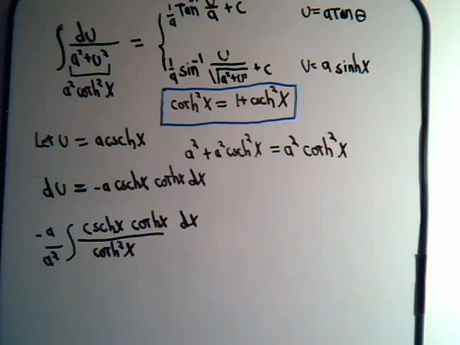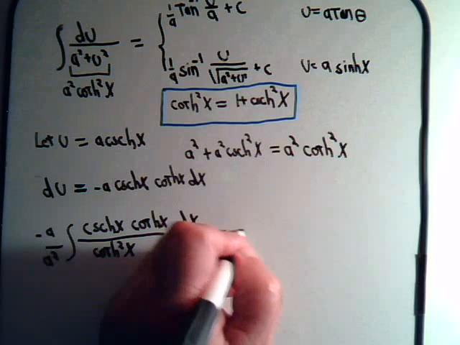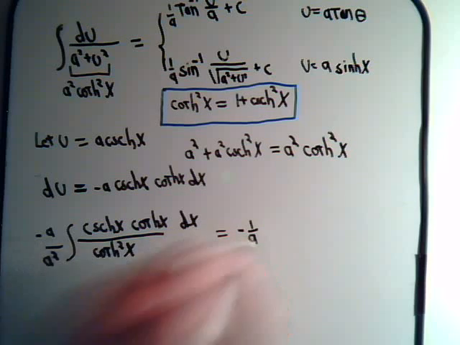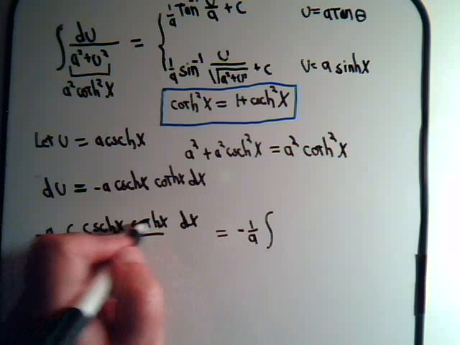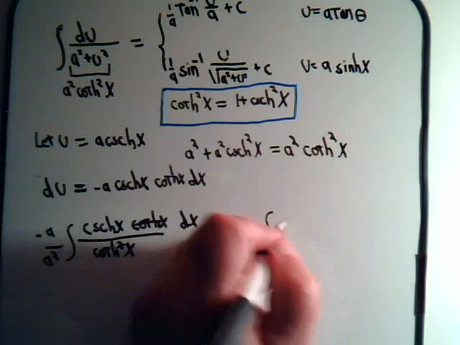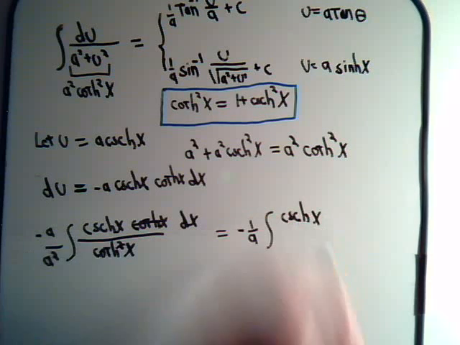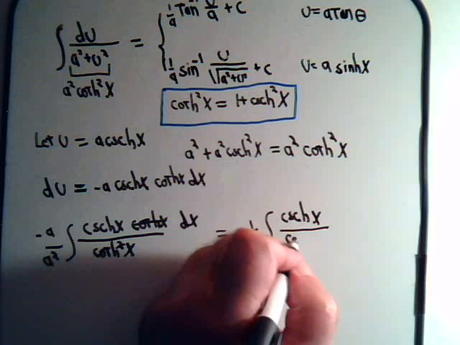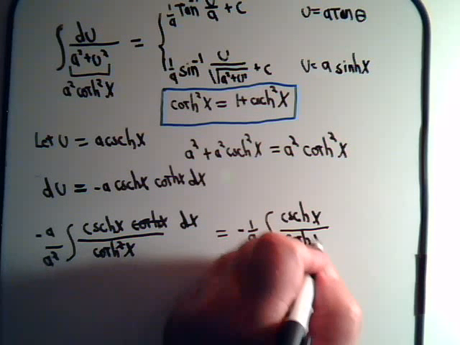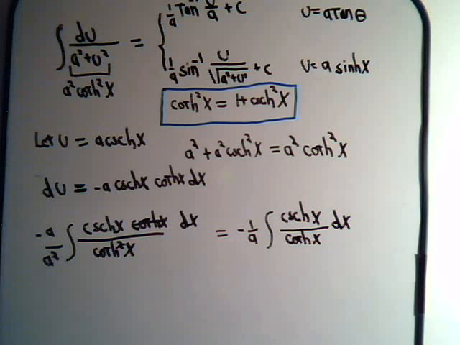So let's see what this leaves us with. This will equal minus 1 over a, the integral of, these will cancel away, and I'm going to have the hyperbolic cosecant of x divided by hyperbolic cotangent of x dx.